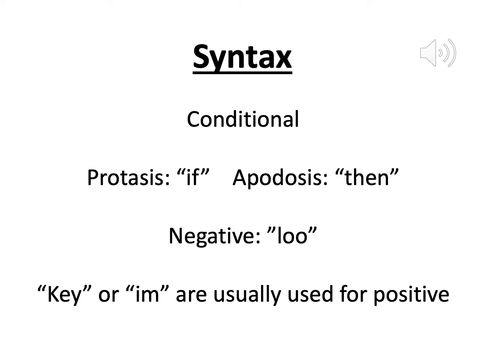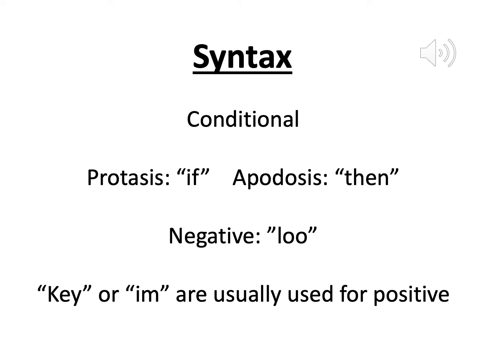Oftentimes, and most commonly, although occasionally there are exceptions, when a negative outcome to the conditional is expected, we use a negative, lu, or some form of lu. It might be lu'ei, it might simply be lu, oftentimes using that lamed plus a shureq, but occasionally a lamed plus a qibbuts added on to ei, which is aleph plus a lamed, indicating that we don't expect the condition to take place.